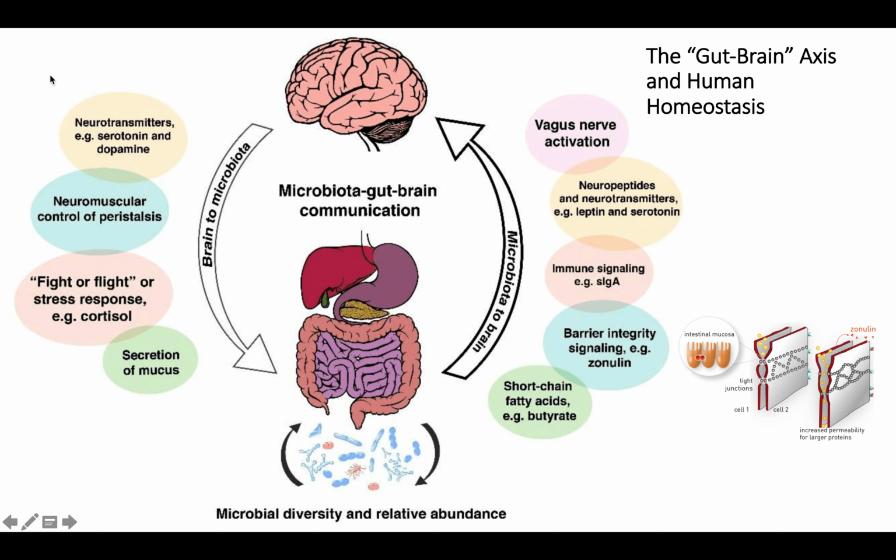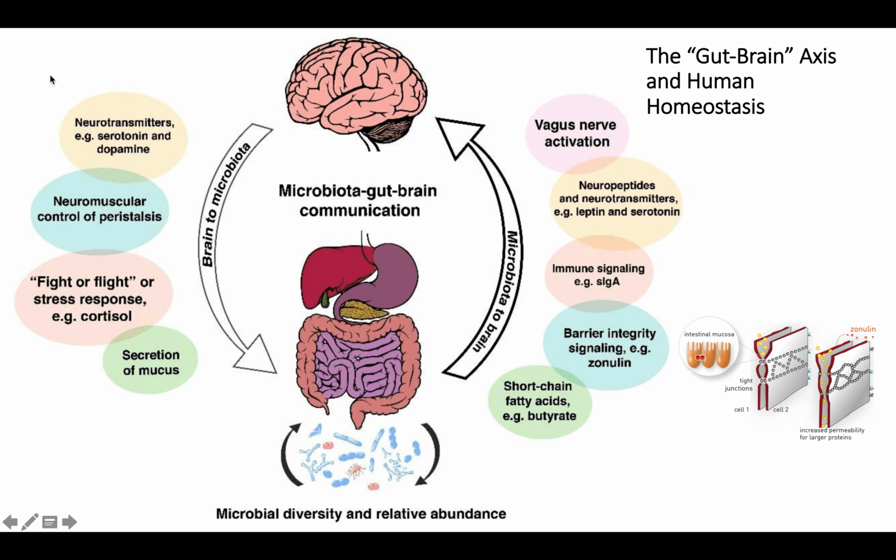And then in return, the brain can affect our gut. So for instance, if you are lacking in a certain neurotransmitter and you become anxious, okay, that anxiety or stress response will be produced by neurotransmitters in the brain, and it can have an effect on your gut by causing changes in peristalsis.